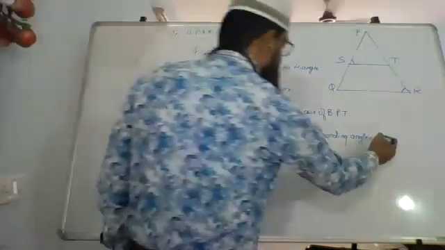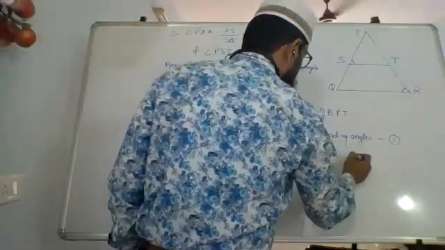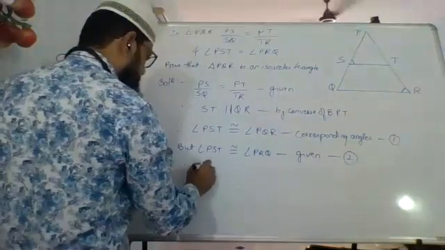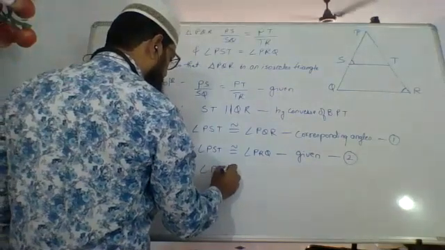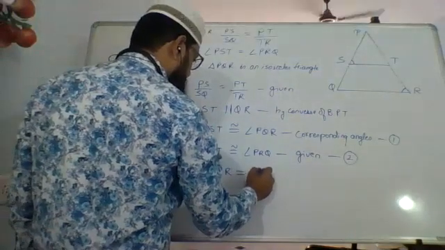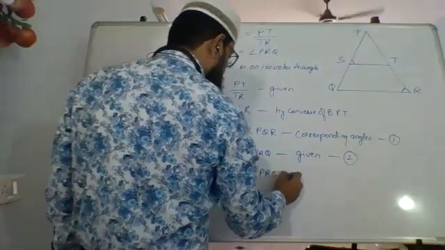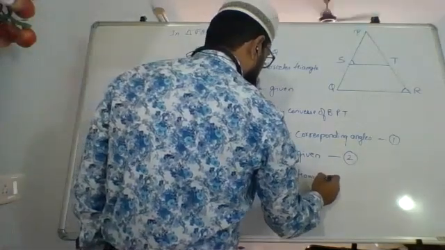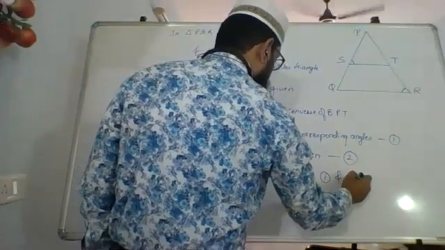Let's call this 1 and this 2. Therefore, angle PQR is equal to angle PRQ, from 1 and 2.